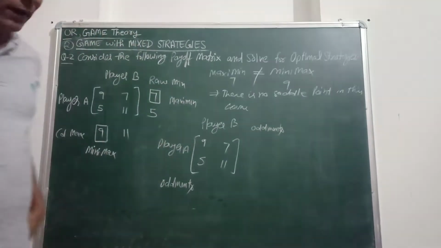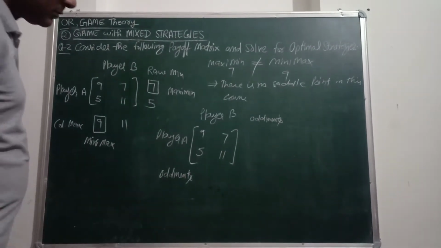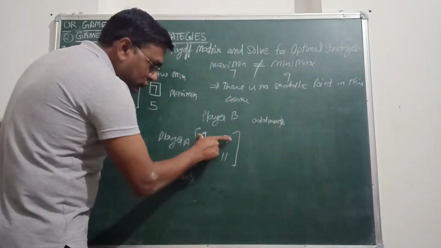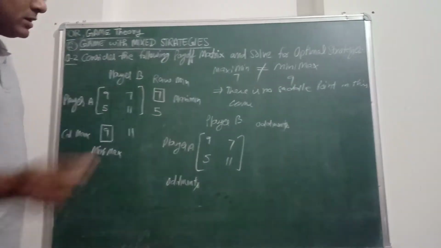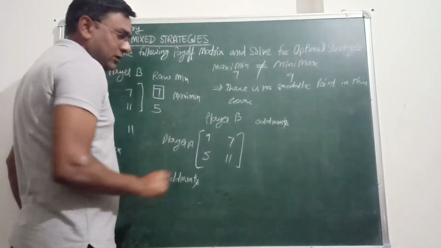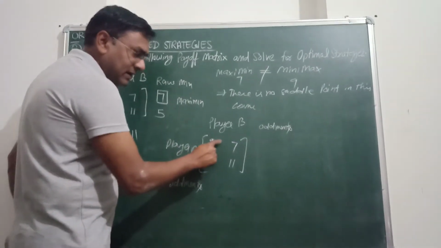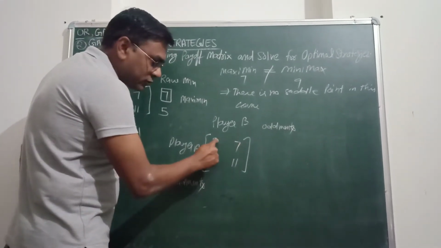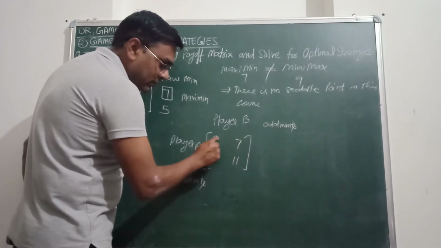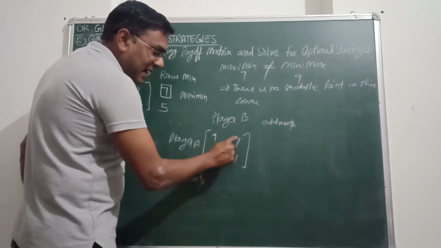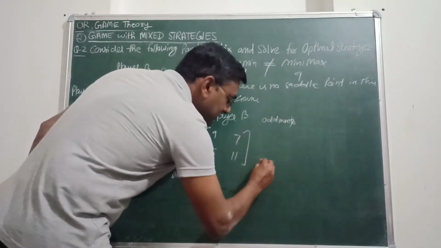What you have to do is choose, from each row and each column, the maximum value. In this case the maximum value is 9 and the minimum value is 7. So subtract the minimum value from the maximum, 9 minus 7 is 2, and write this value against the second row.